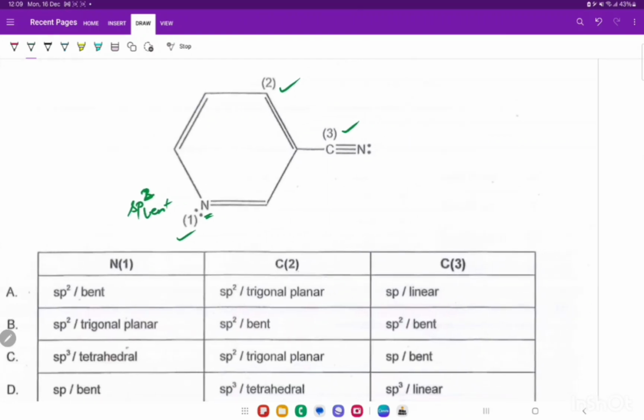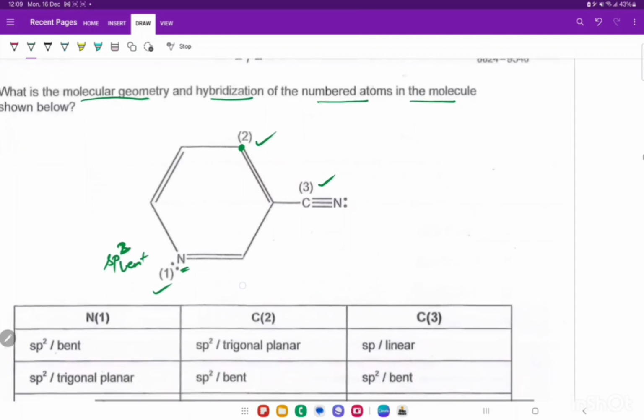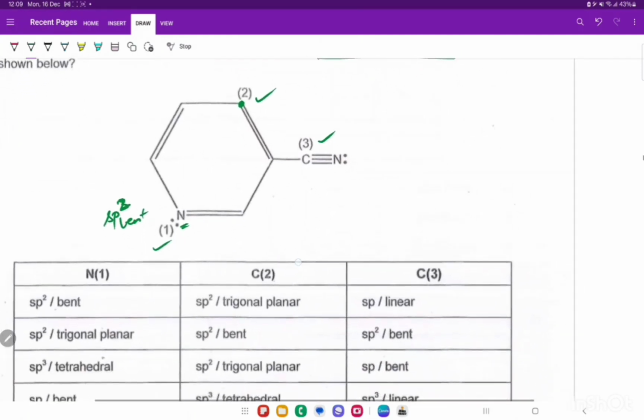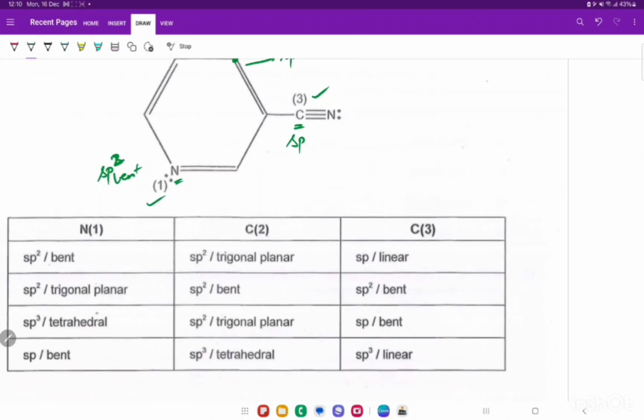Next, if I talk about atom number 2, which is a carbon here, and this is a double bonded carbon, so it will have trigonal planar shape and sp2. It is also sp2. And next is this carbon number 3 here. Carbon 3 here is bonded by a triple bond, therefore it should be sp hybridization. So this is sp2 nitrogen 1, then again sp2 carbon, and then sp carbon. sp2 with a lone pair is a bent shape.